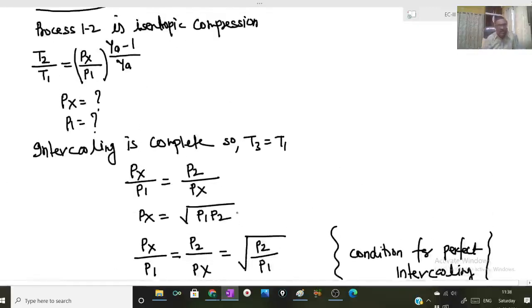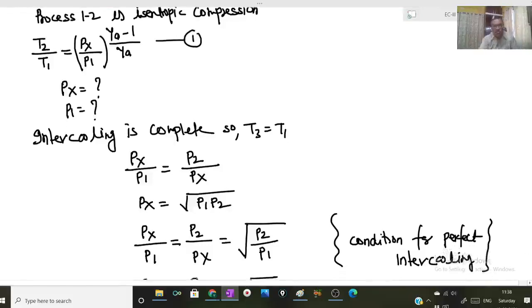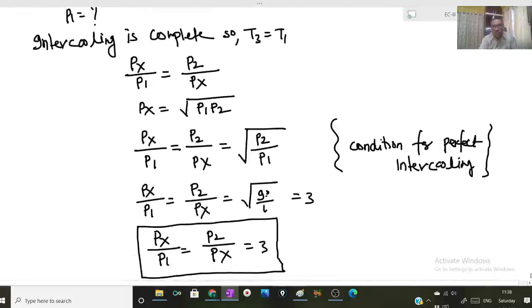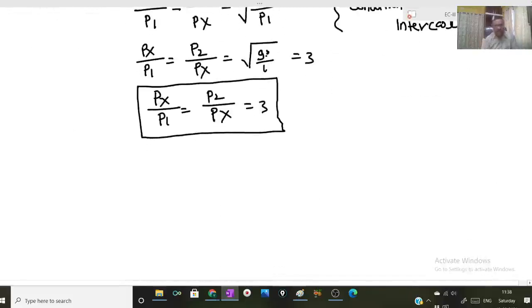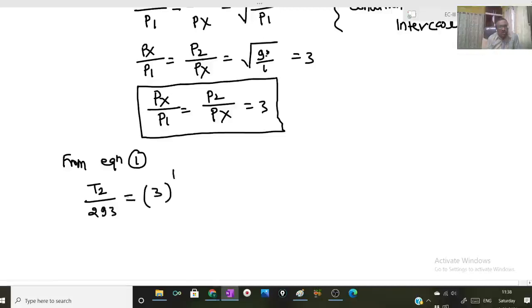So let's say this was equation 1 here. So now I can calculate T2. From equation 1, T2 over 293 is equal to 3 to the power of (1.4 minus 1) over 1.4.